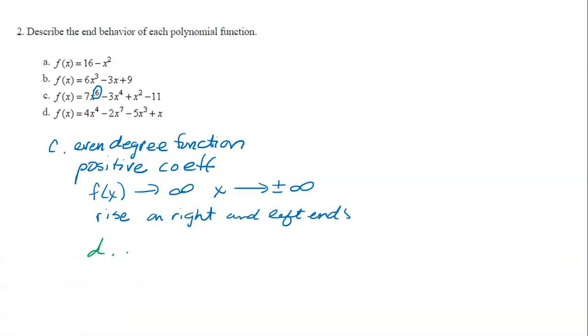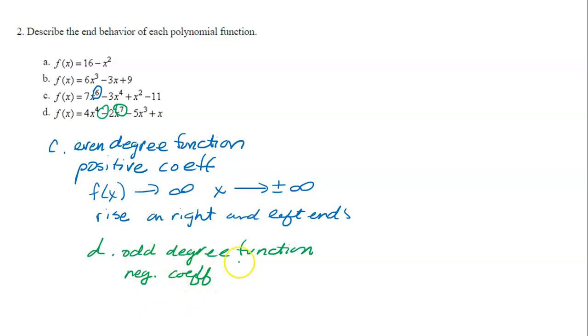And then the last one we have here is D. So D, let's see, is an odd function because it's 7, odd degree function. And it has a negative leading coefficient.